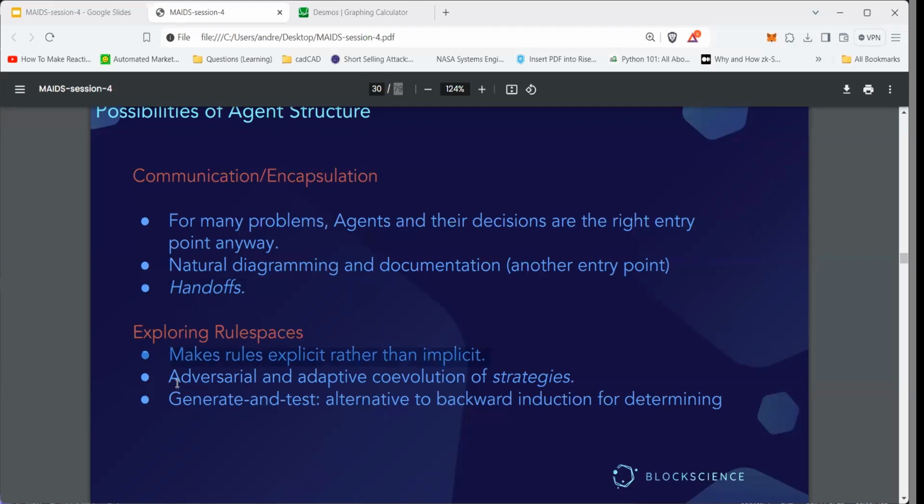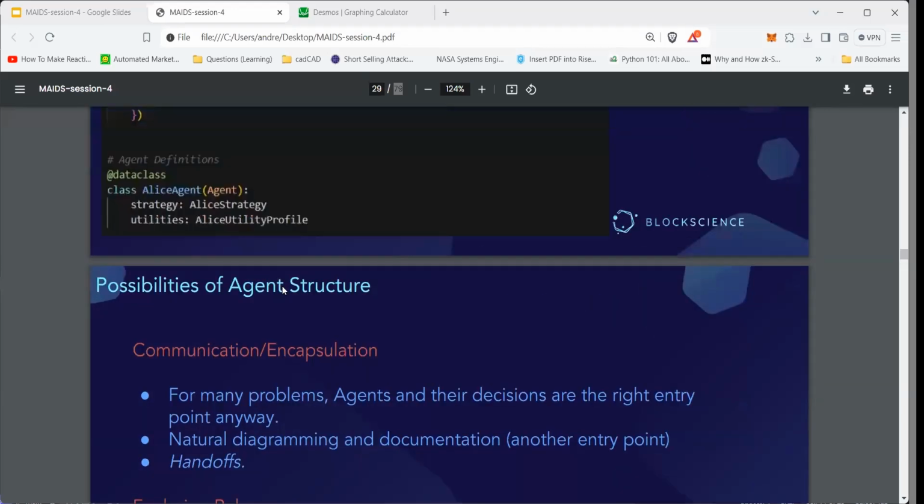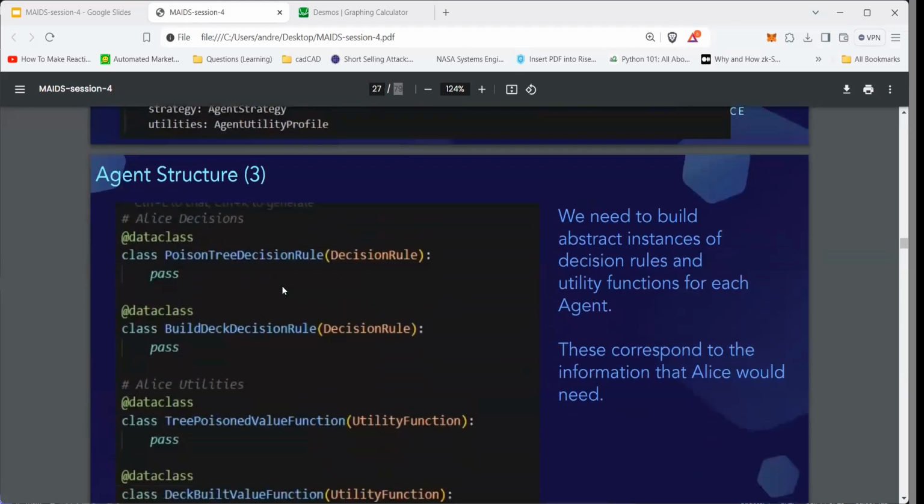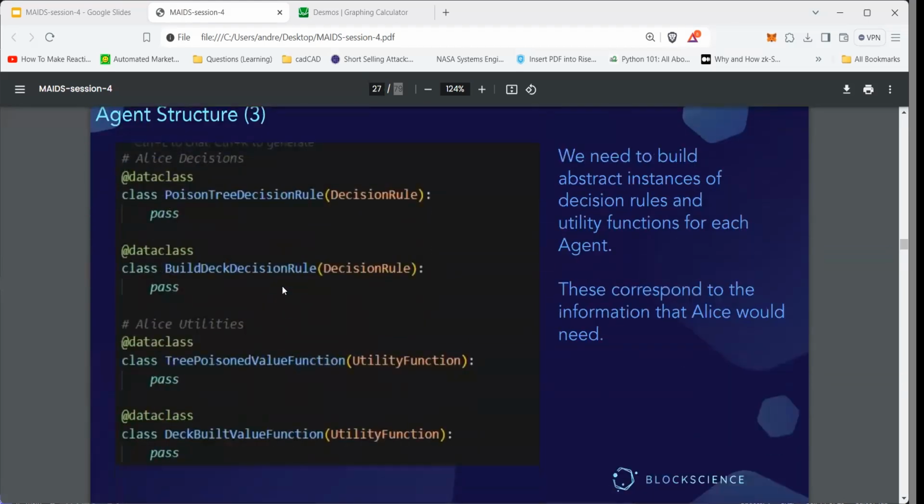I've found that if we need to iterate on something, so we know that part of the process may change, then we can build the model in such a way that that part is easy to change later. And that's what this is intended to do. If we want to try a different decision rule for poisoning the tree, that is built in, that we're going to be able to drop that into this box without needing to decide on what the right decision rule is.